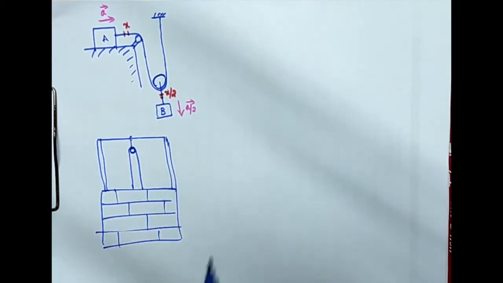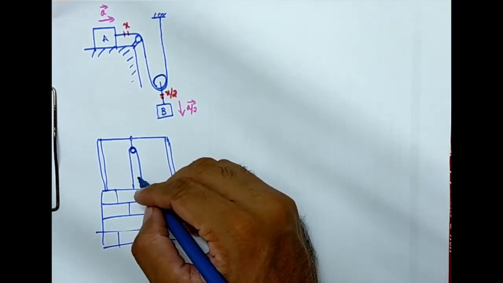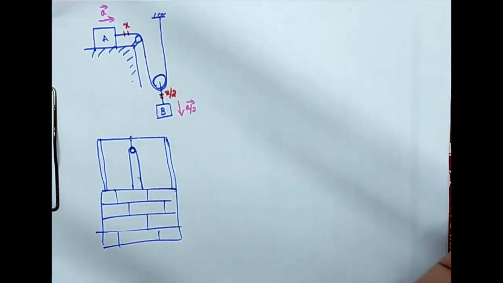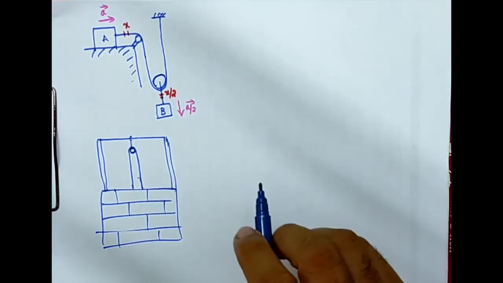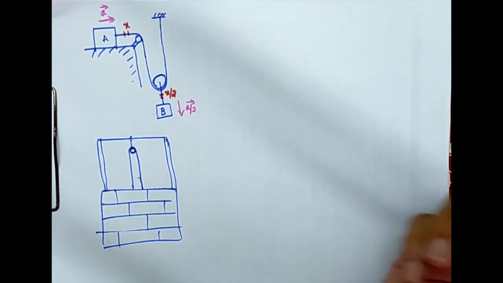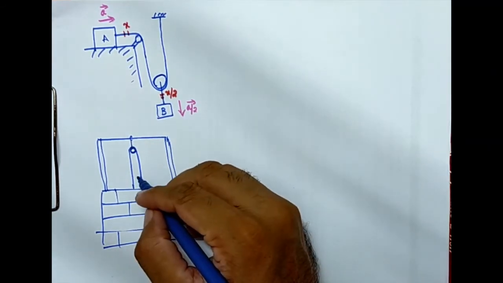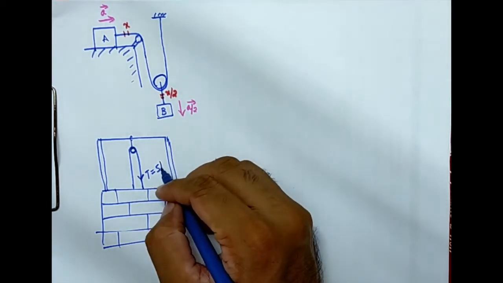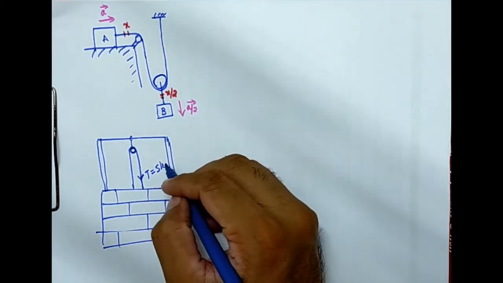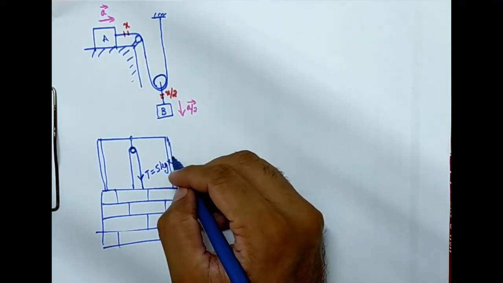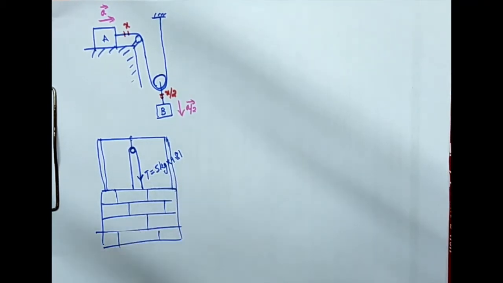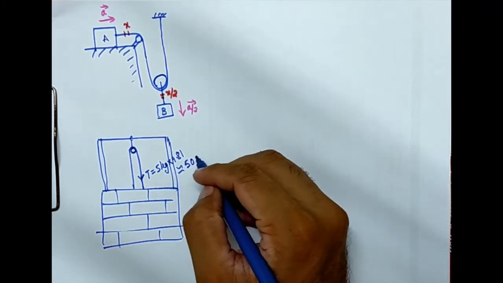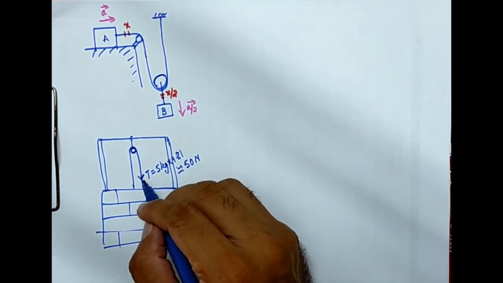Now you can think about this. Let the weight of the bucket be 5 kg. The water is there in the bucket and it weighs 5 kg. So you can see that this cable will be under a tension of 5 kg into 9.81, so approximately 50 Newton is what this cable is experiencing.